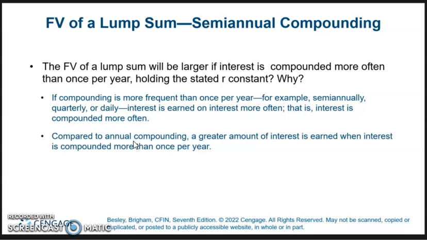The interest is going to be earned or paid more often, so you're going to have more interest on interest. Compared to annual compounding, the greater amount of interest is earned when interest is compounded more than once a year. So we're going to see that.